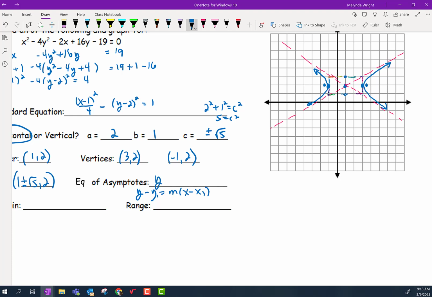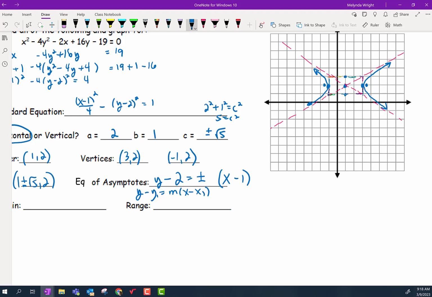So y minus 2 equals plus or minus, we're going to leave that for a moment, that slope, times x minus 1. If you know the center, you can almost completely write the asymptotes. We always write them together like that. Please don't distribute and combine like terms and write two different ones. That's a lot of extra work for really nothing.